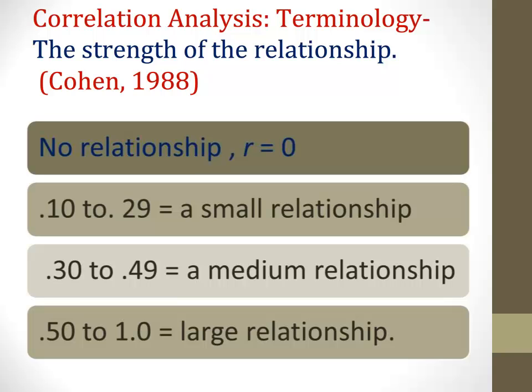So I want to take a few moments to spend some time talking about this. It's more counterintuitive when you're looking at negative relationships. What I'm saying is pretty easy to grasp when you have a positive correlation, because a correlation of 0.67 is stronger than a correlation of 0.52.